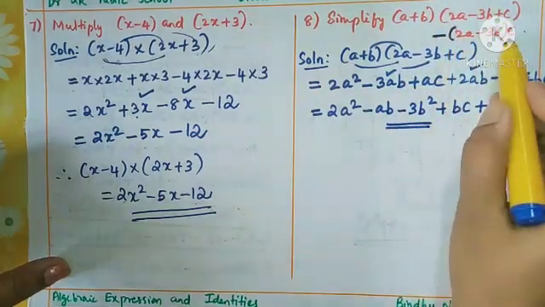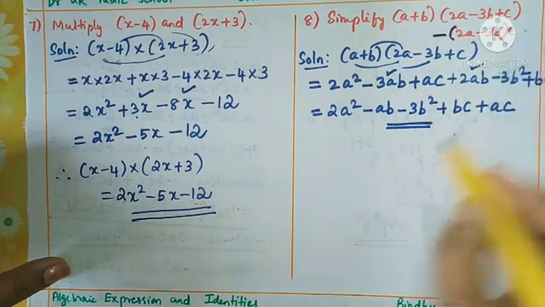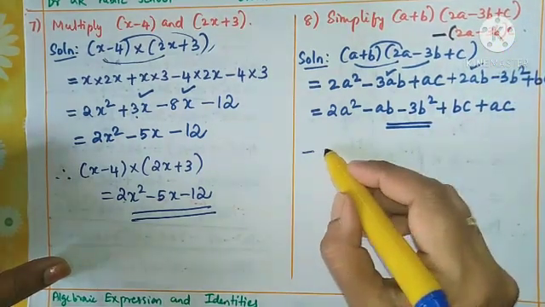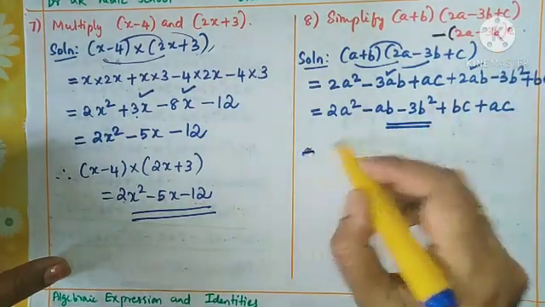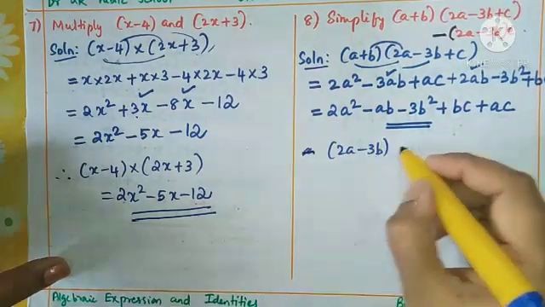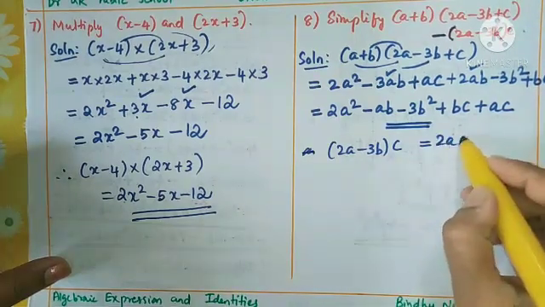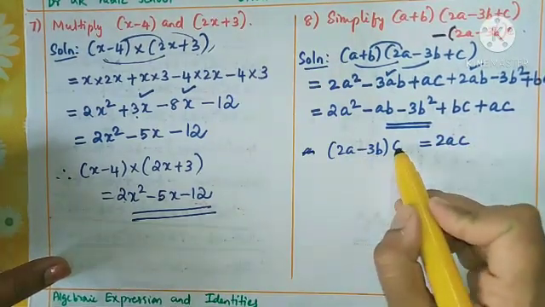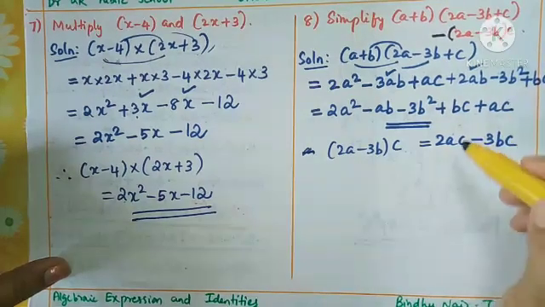Now take the second one. Here also you can see one c is outside, so we can simplify this. So second one, minus no need because that is subtraction sign. So 2a minus 3b into c. Yes, c into 2a, that is 2ac. Then minus 3b into c, that is minus 3bc. Yes, so we simplified.